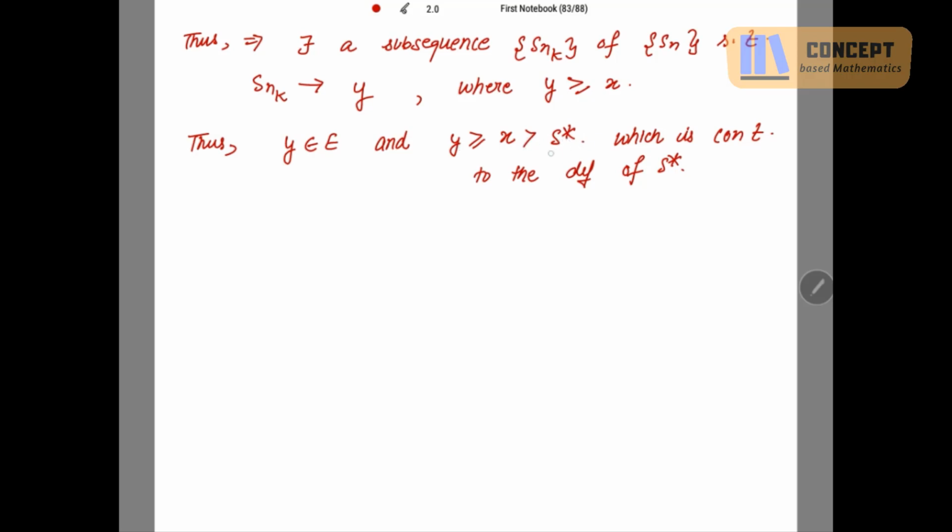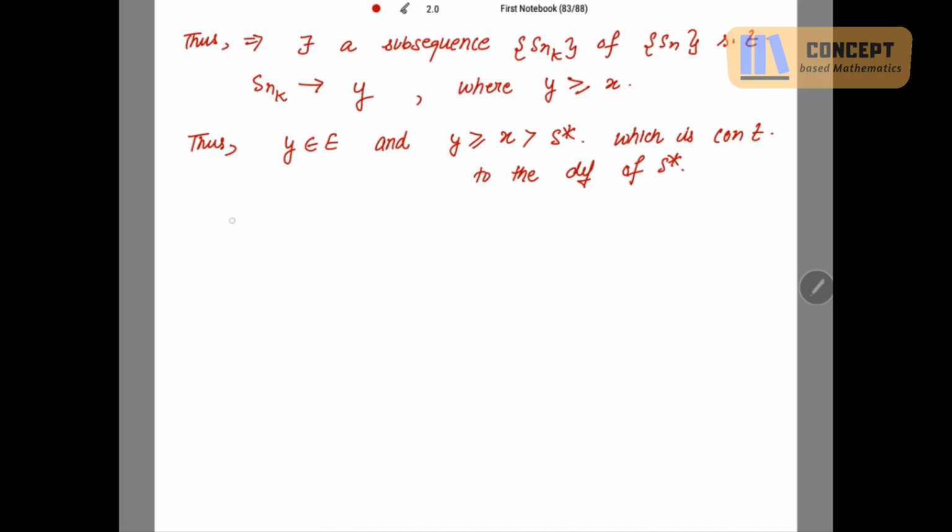This is a contradiction to the definition of S star. It should be the highest one, it should be greater than Y because it is a maximum limit. Y is also a subsequential limit, S star is also a subsequential limit. But here it is saying that Y is greater than S star, which is a contradiction.